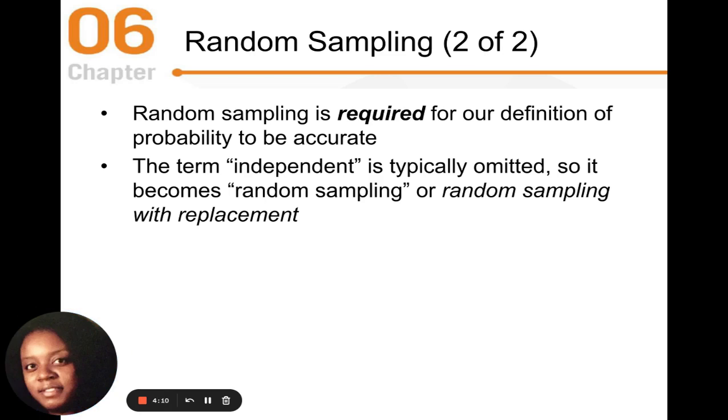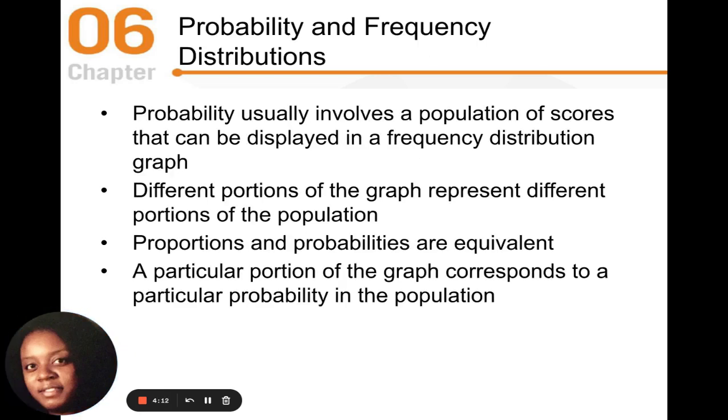So you've got to make those groups as equal as possible. Probability usually involves a population of scores that can be displayed in a frequency distribution graph. Different proportions of the graph represent different proportions of the population, and those proportions and probabilities are equivalent. A particular proportion of the graph can then correspond to a particular probability in the population.